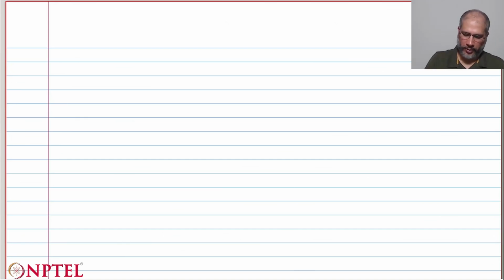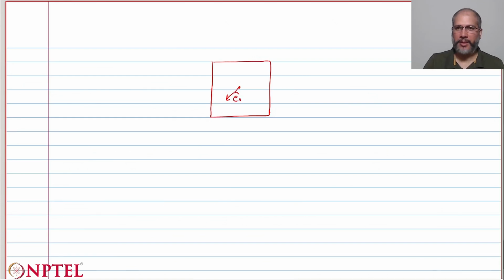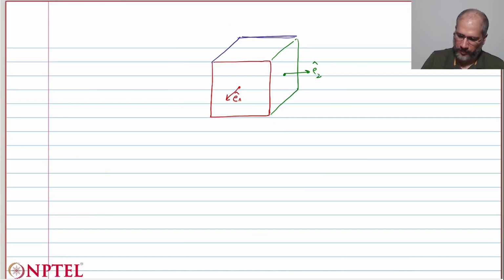So this cube is drawn in such a way that we have a red plane in the E1 hat direction, whereas in the E2 hat direction, I have another face of the cube, and for the E3 hat direction, I have a third face of the cube.